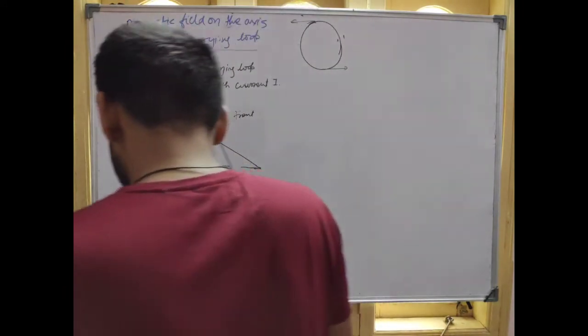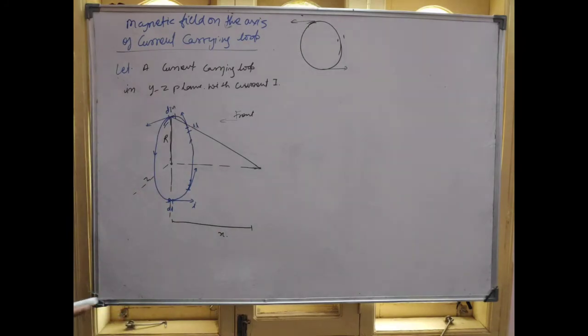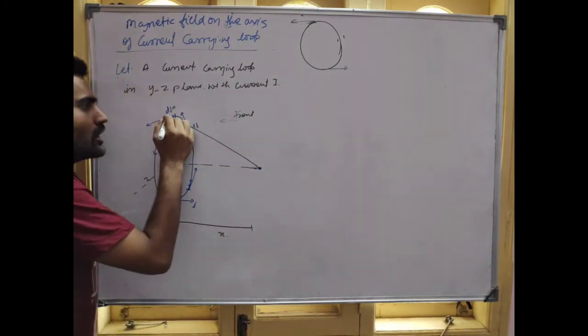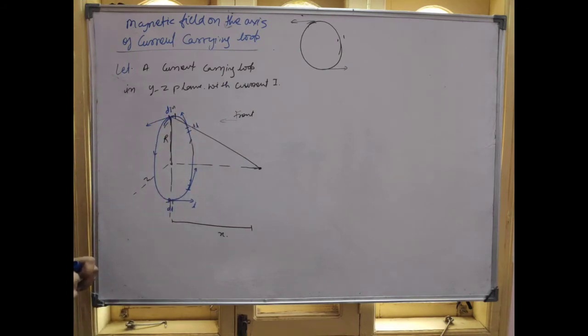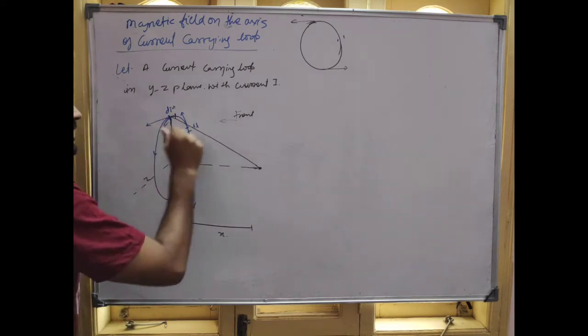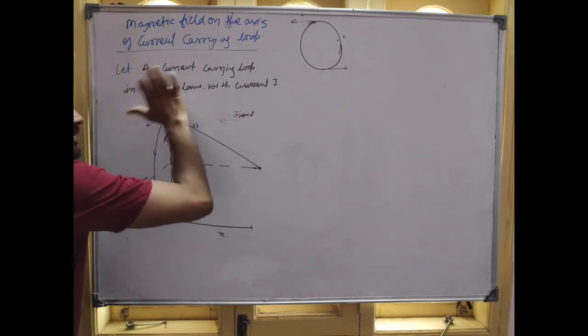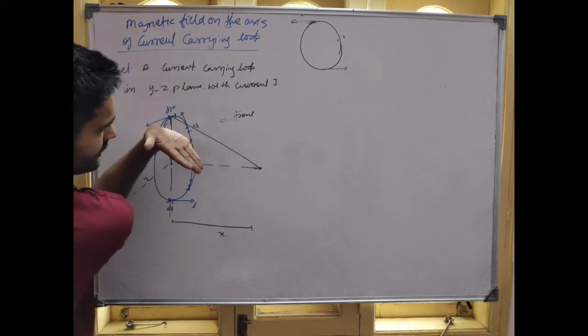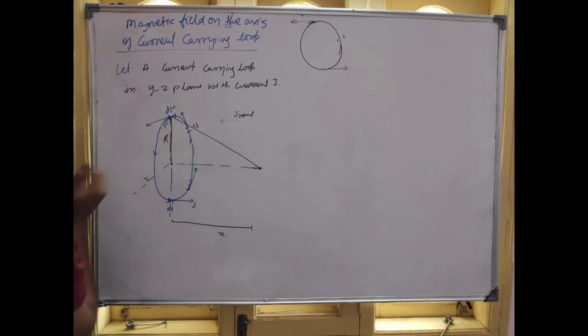Now can you tell me the direction of the field here due to this small element? Tell me guys. See, the current direction is here, and the point is here.